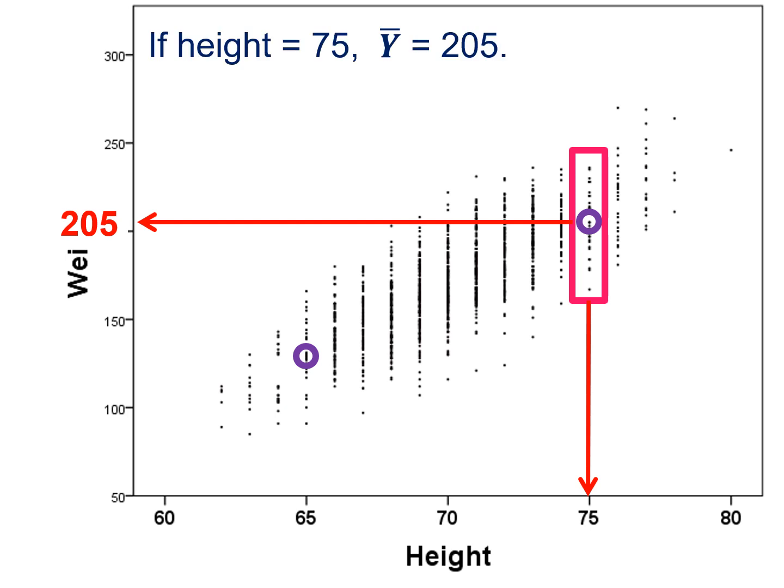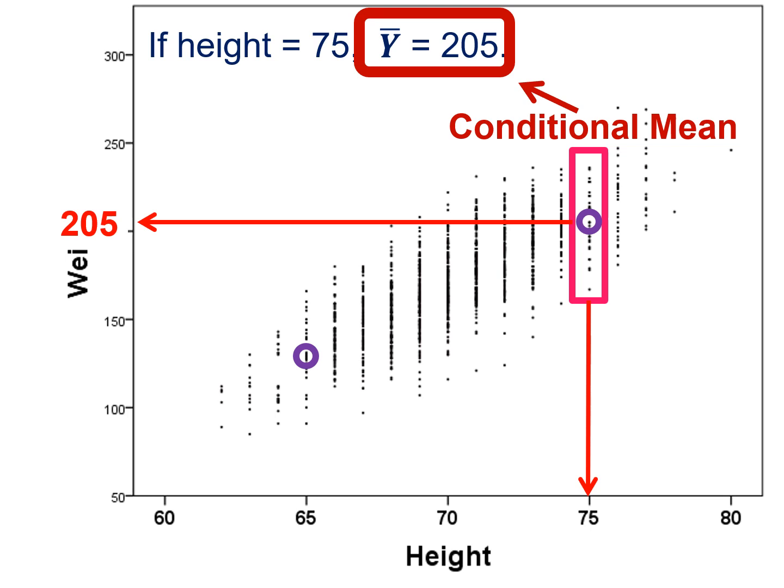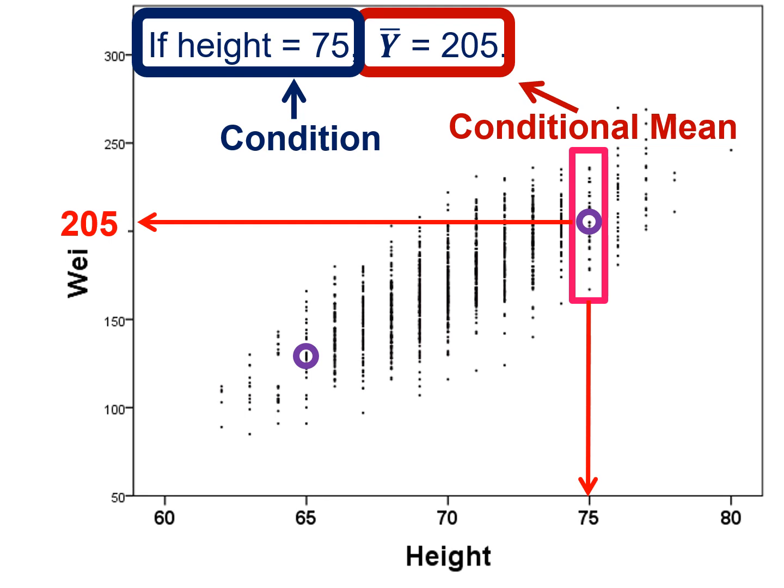If height equals 75 inches, the mean of y is 205 pounds. So the conditional mean for this subgroup of men is 205 pounds. And this is the condition, if height is equal to 75. This tells us the circumstances, the conditions when the conditional mean is true. The mean is 205 only if we're talking about men who are 75 inches tall.